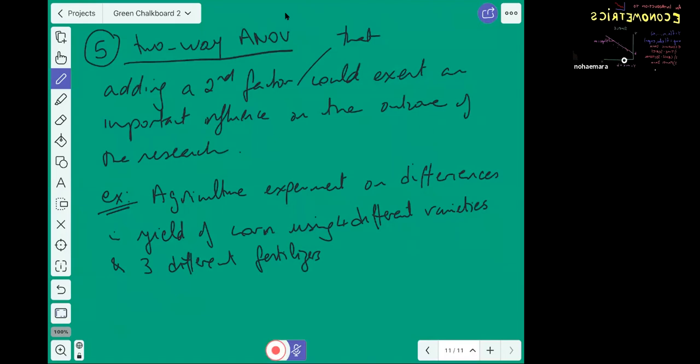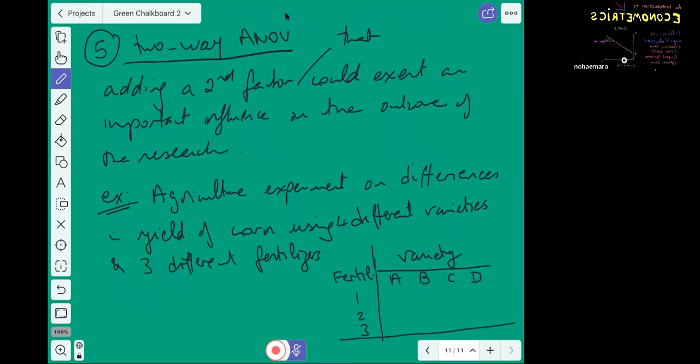Okay, so I want you to imagine it this way. I do have different varieties of corn. So this is the variety. And this variety, we can have it like A, B, C, and D. And I do have also fertilizers. And the fertilizer is 1, 2, and 3.